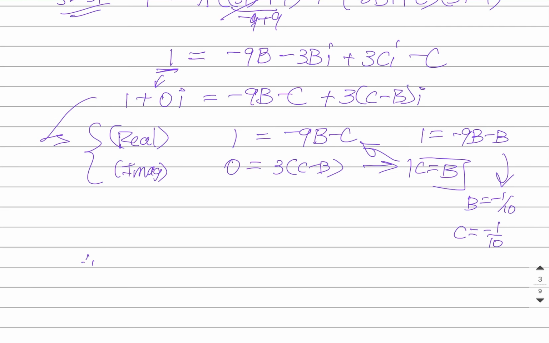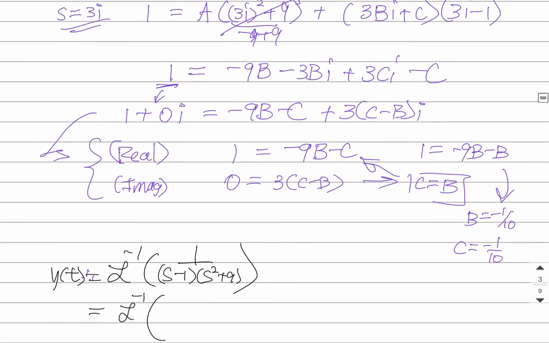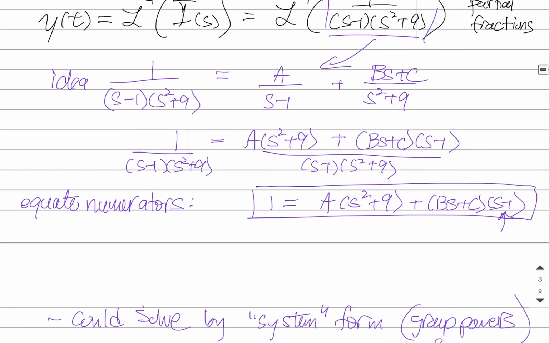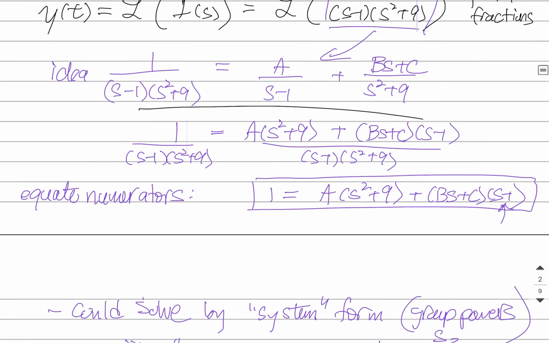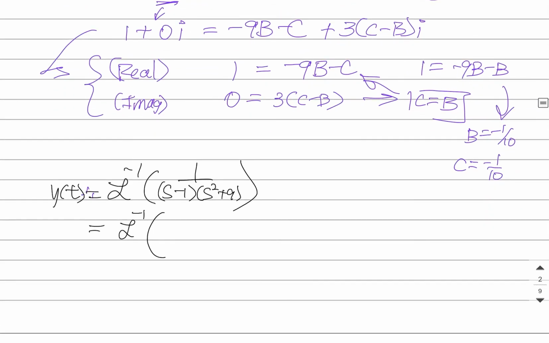Way back when, you might have forgotten about it already, but the thing that I was looking for was the inverse Laplace transform of this expression. And I used partial fractions to try to convert that into 2 smaller fractions, like I did over here. I found that a was 1/10 over s minus 1, and then I had bs plus c, so it'll be negative 1/10 s minus 1/10, all of this over s squared plus 9.